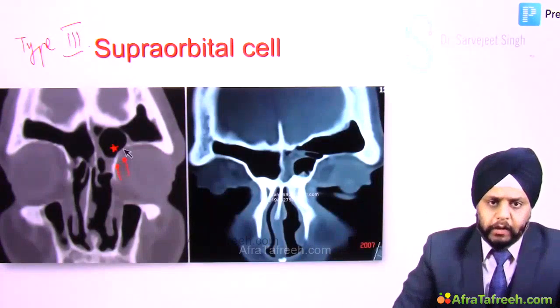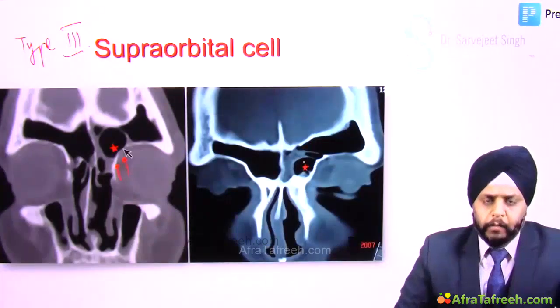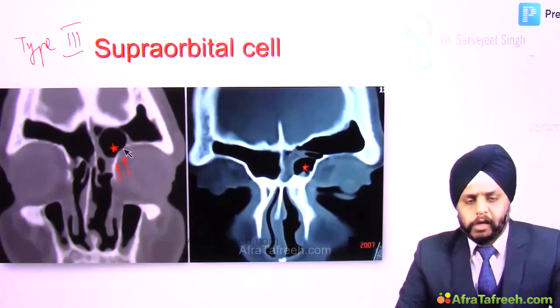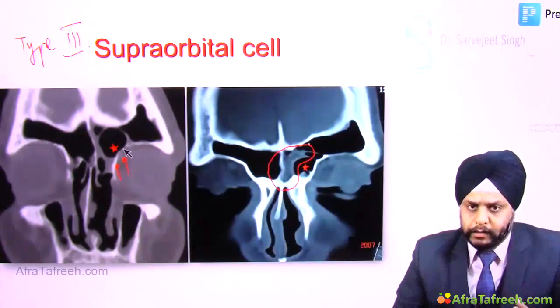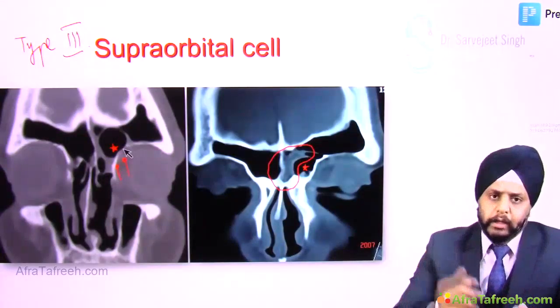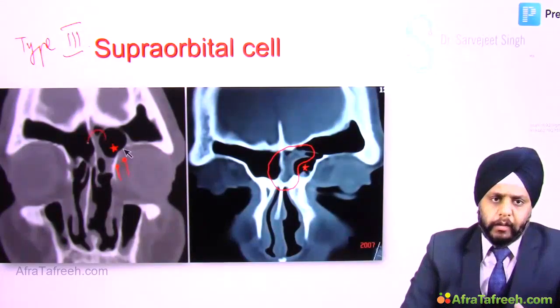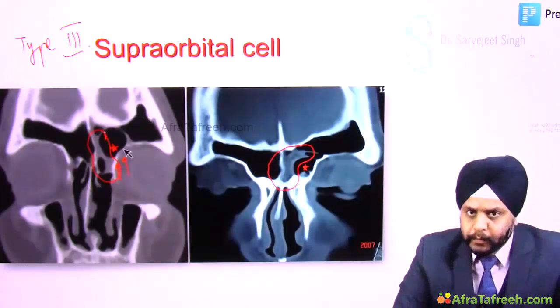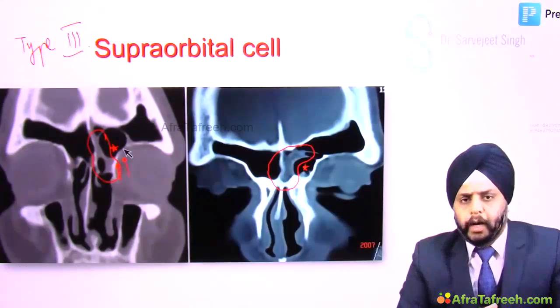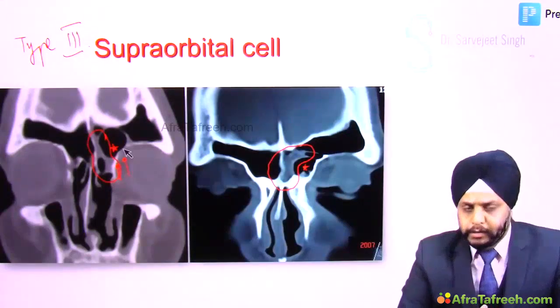As you can see in both the diagrams, we have supraorbital cells, and because of that the secretions are accumulating in the frontal sinus. We can very clearly see that there are secretions over here. They're blocking the frontal sinus much more significantly. So this is a supraorbital cell or a type 3 frontal cell.